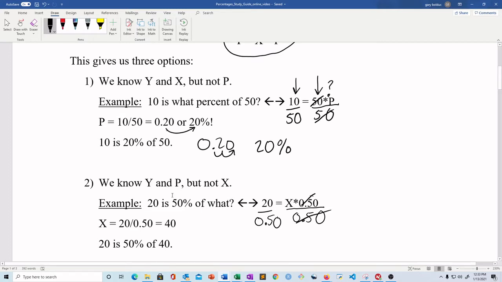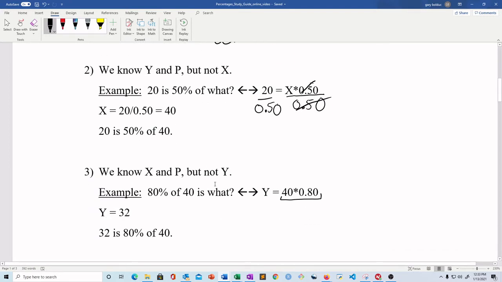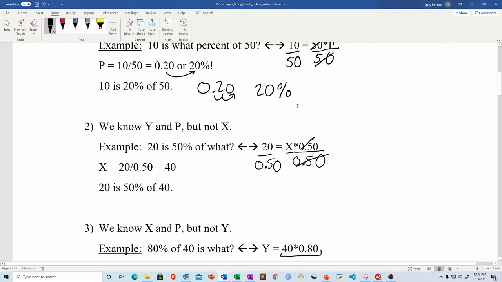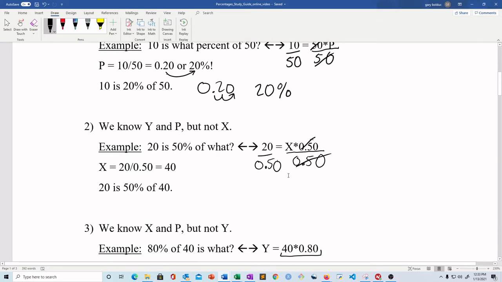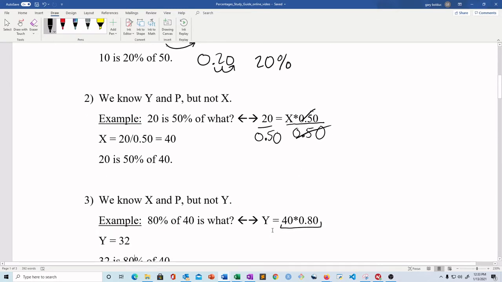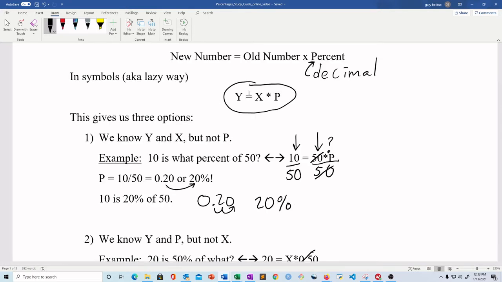Even if I try to add on top of a problem like this, I still end up in 1, in 2, or in 3. Every time I end up there somewhere. I end up with an equation that looks just like one of these. I don't know P, or I don't know X, my start, or I don't know Y, my finish, my end number. There you go.